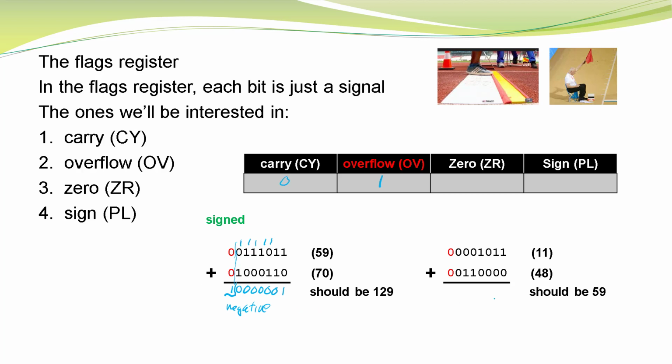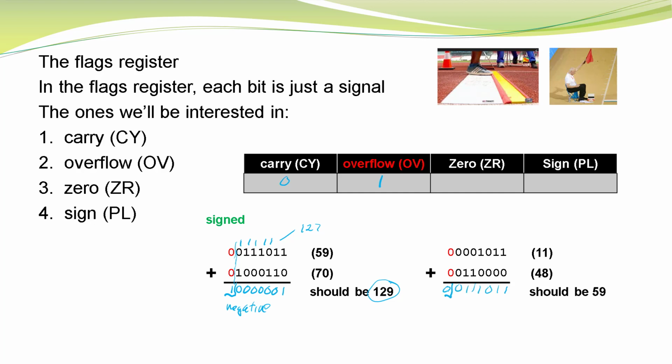All right, let's go to this one. 129, by the way, won't fit into a 7-bit number. The largest 7-bit number you can have is what? 127. Over here, 1, the largest positive, 1, 1, 0, 1, 1, 1, 0, 0.